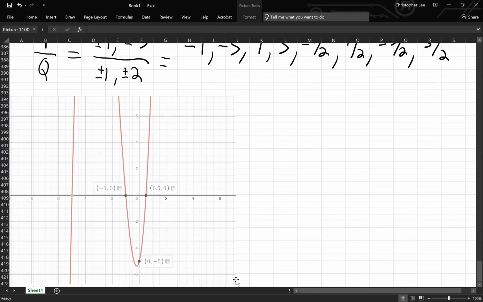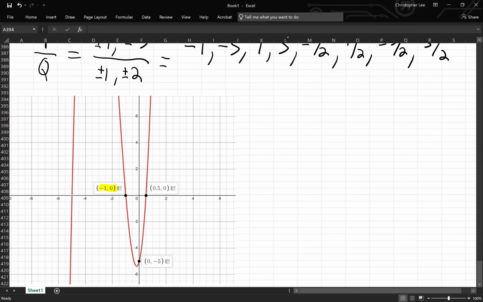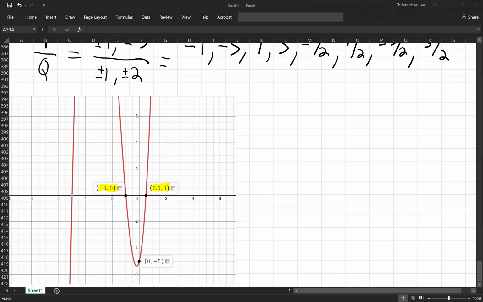Okay. So here's what I want you to see and realize. Let me highlight this. So I found on the graph two of the points that cross the x-axis. I just noticed that there was a third point there as well. Whoops. Let me see if I can get that up to you. One second.